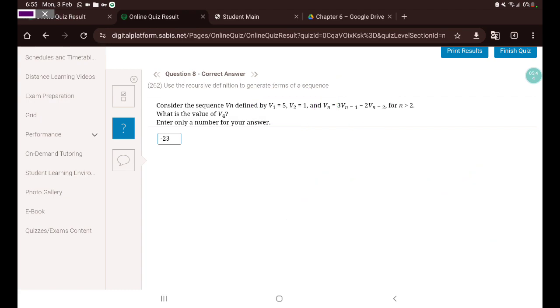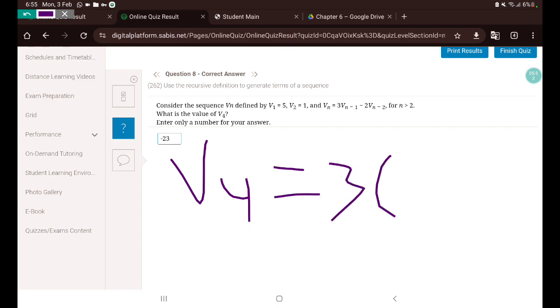Now you have v3. You want to find v4. Same thing, all you have to do is 3 bracket v3 minus 2 bracket v2. So it would be here, what you got, and v3 was -7, if I'm not mistaken.